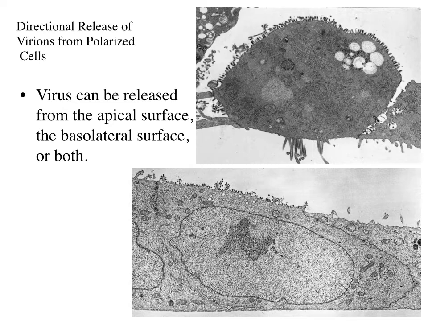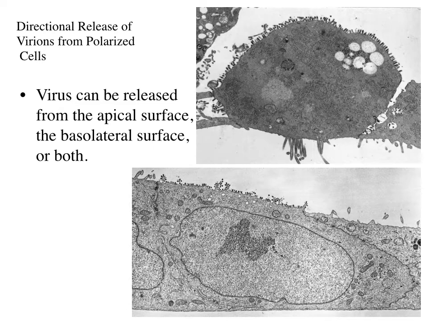So when we look at this, viruses can move depending on the polarization of the cell. So if a virus is released from the apical surface, meaning that the virus has entered the cell, it's replicated, now it's being released. If it's released from the apical surface, they're back where they started. Such a directional release can facilitate the spread of virus.